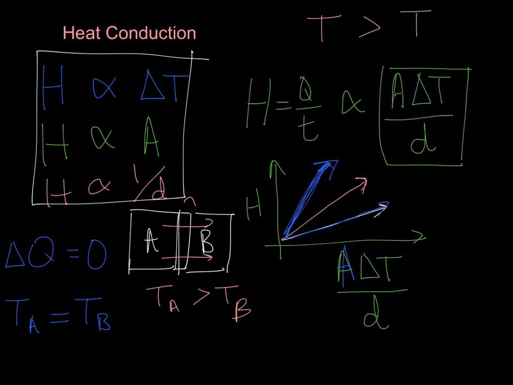Okay, so let's move to a new slide so we can just summarize quickly what we have. Really fast, we have rate of heat transfer, which is known as Q over time, change in heat over time, and we found that it's proportional to A delta T, area times change in temperature divided by thickness.